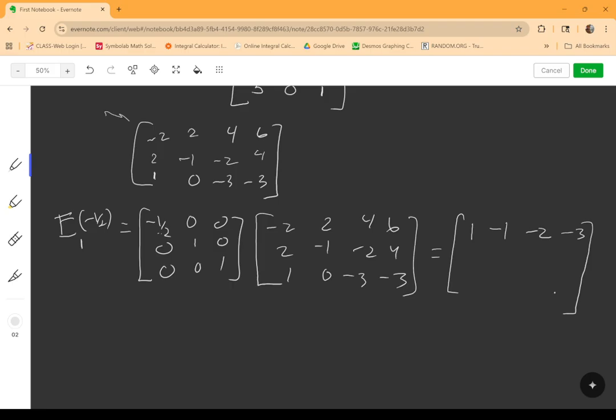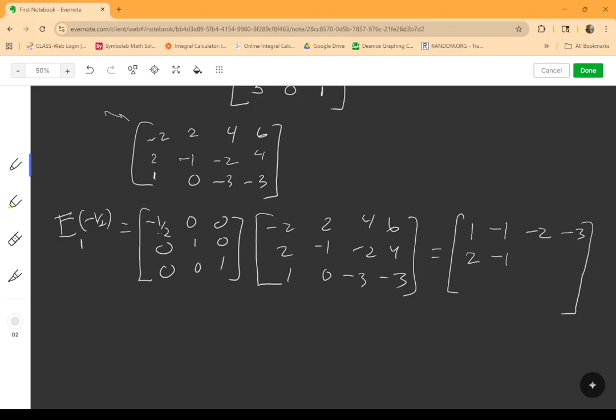All right, and now notice as you multiply the rest, it is untouched. If we move on to the second row, first column, 0 times -2 is 0, 1 times 2 is 2, and then 0 times 1, so we're just left with 2. Then, still second row, second column: 0 times 2 plus 1 times -1 is -1, and the other one is 0.